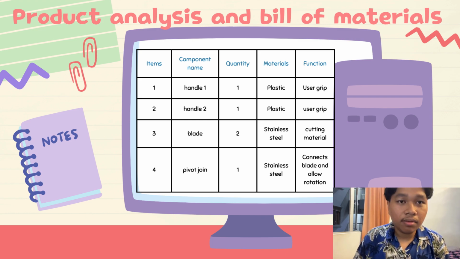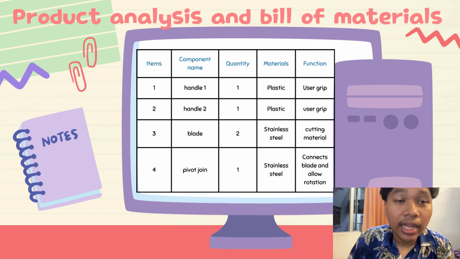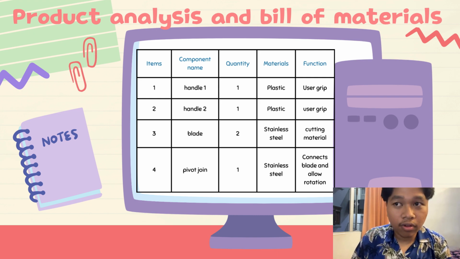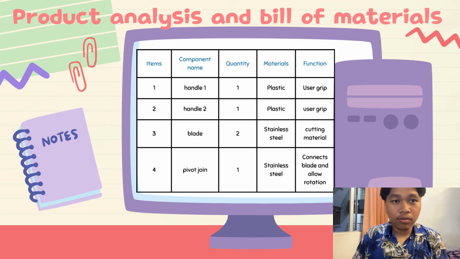The third item is a blade with a quantity of 2, made from stainless steel, and the function is for cutting material. And lastly, item number 4 is a pivot joint with a quantity of 1, made from stainless steel. The function is to connect the blades and allow the blades to rotate.